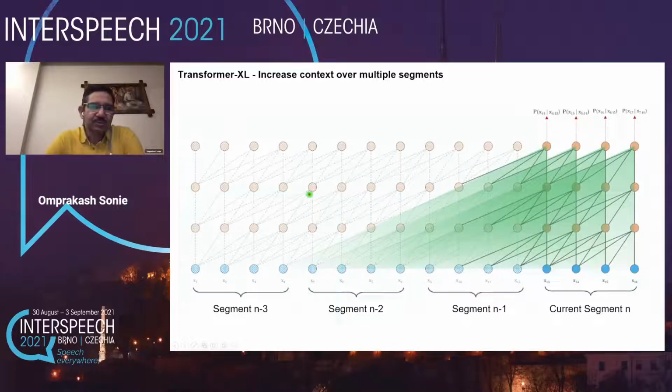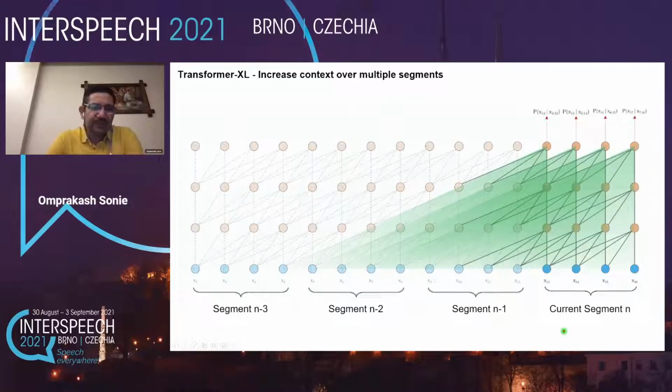So in Transformer XL, you're increasing the context over multiple segments. This segment has very little context, this one a little more, and this is immediately preceding it, so it provides the highest context to the current segment.